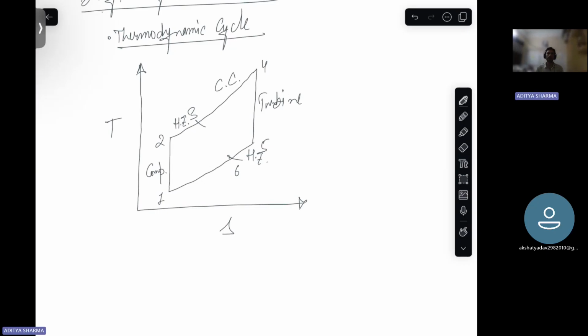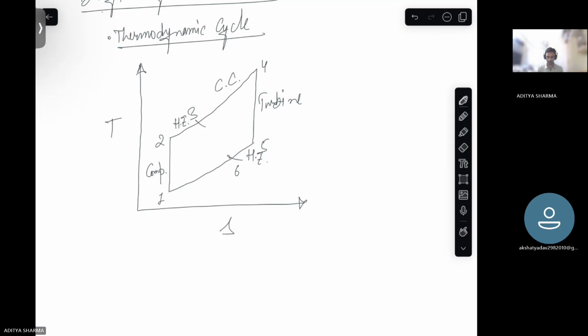What we are doing here in the heat exchanger is, the air that is compressed and comes out from the exit of your compressor at point 2, state 2, we are exchanging heat with this air. And what it basically does is that it changes the state of your working fluid from state 2 to state 3.